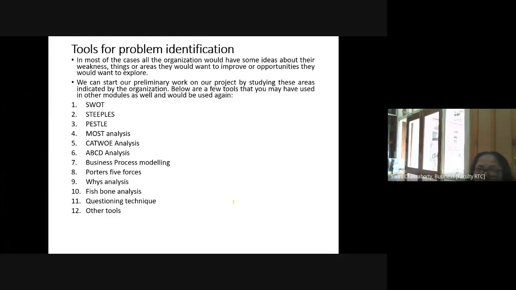So, what are the tools for problem identification? Now, in most cases, organizations would have some ideas about their weaknesses, areas where they want to improve, or opportunities they want to explore, right? So we can start our preliminary work on our project by studying these areas indicated by the organization.